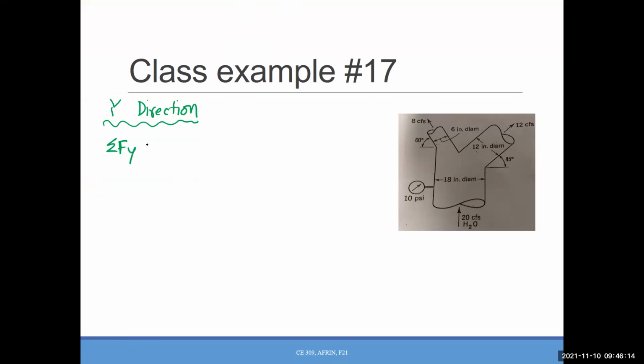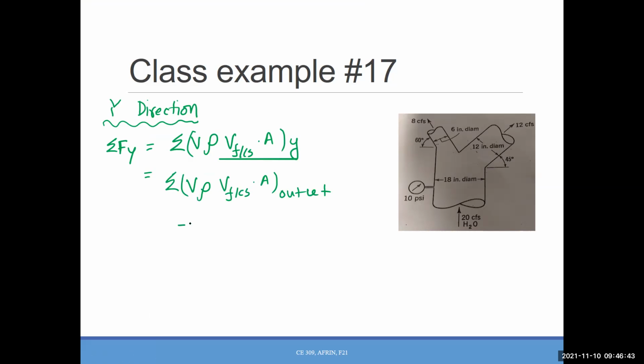summation of Fy equals to B Y. Okay. And again, we have two outlets, one inlet, so it should be V rho outlet Y, Y direction.